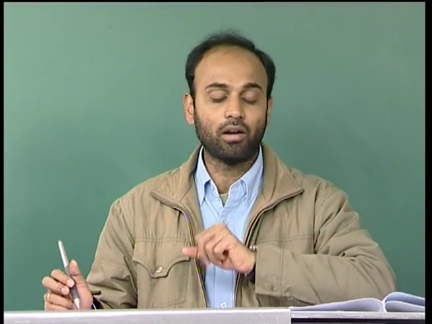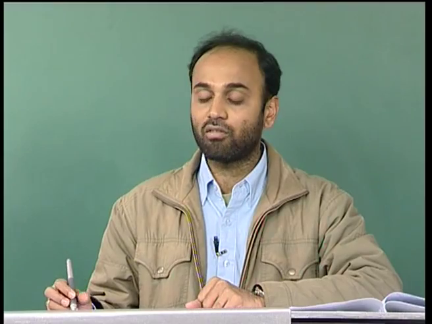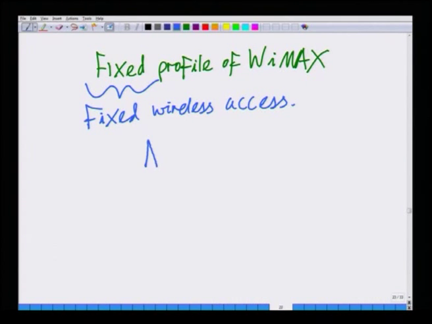These are not mobile. All right, and this profile of WiMAX has N equals 256 subcarriers.